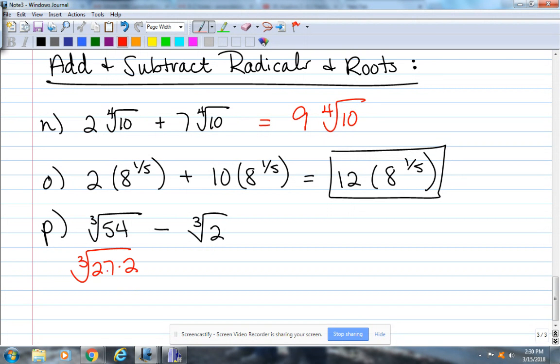And what is the cube root of 27? 3. So it's 3 times the cube root of 2 is what that simplified to. And then you can bring down your minus the cube root of 2. Isn't that a 1 in front of there? So what is 3 minus 1? And they have the same radicals now, so the answer is 2 times the cube root of 2.